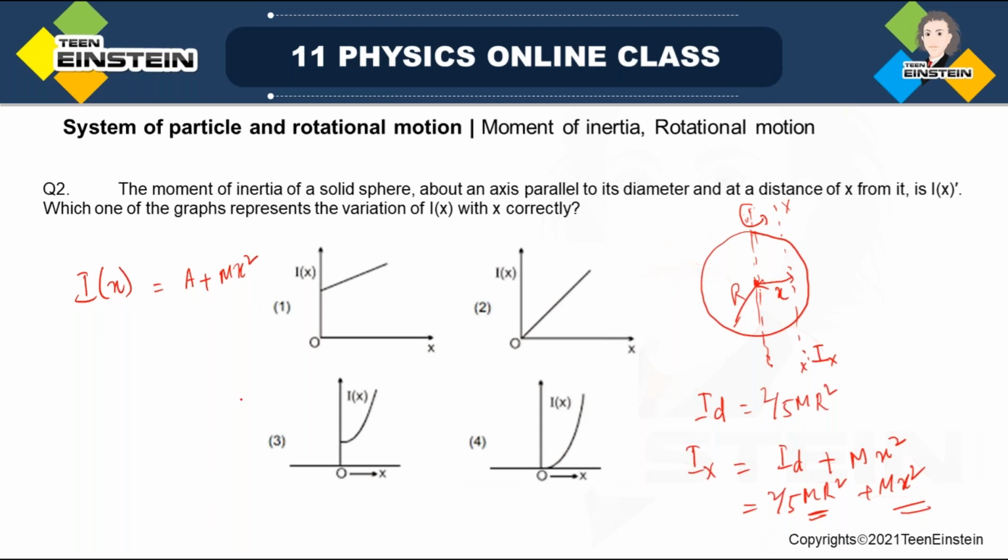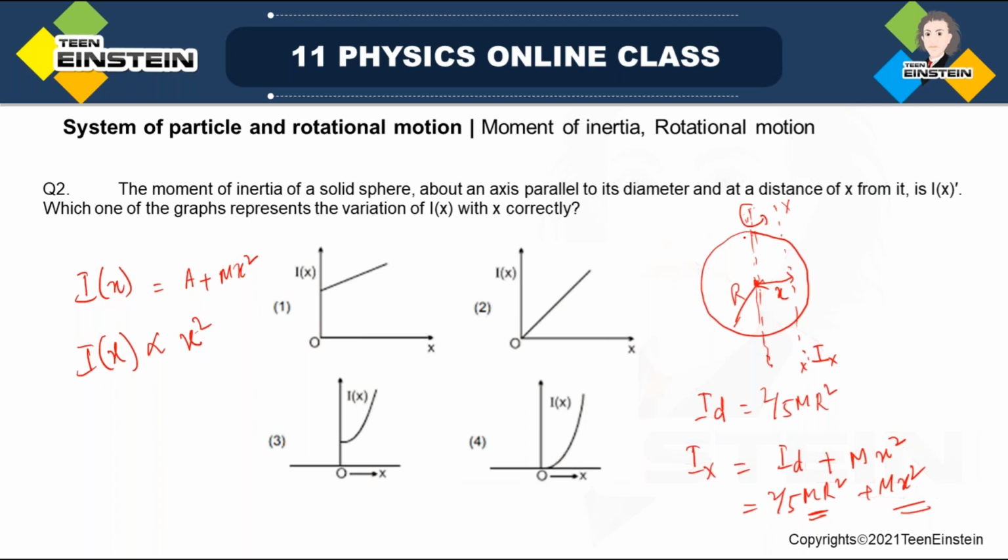So this has a variation of a parabola, and since m is positive, I of x is proportional to x square.